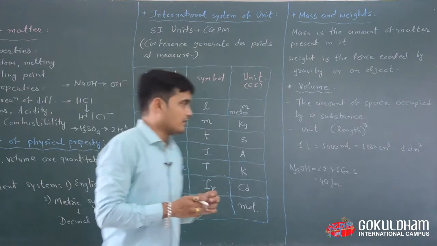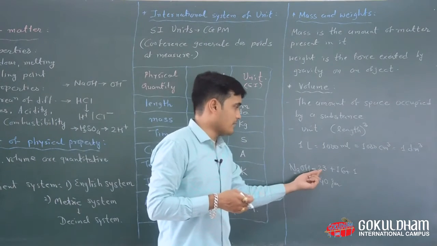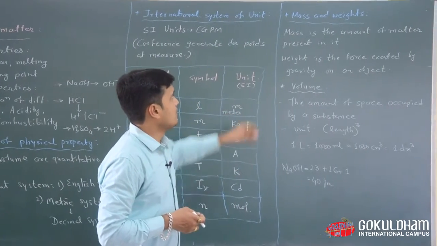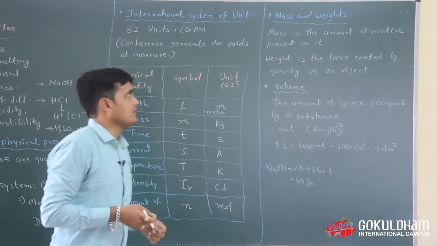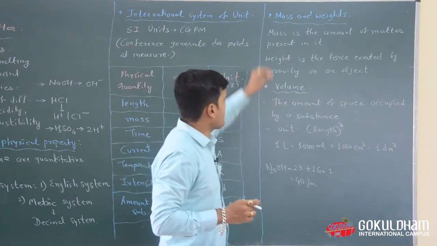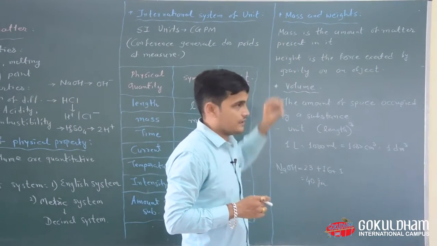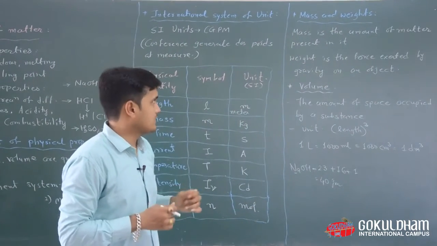We will discuss in further lectures. You have to remember these atomic weights after the theory. Now another topic is mass and weight. Mass is the amount of matter present in it. The quantity of matter is known as mass.